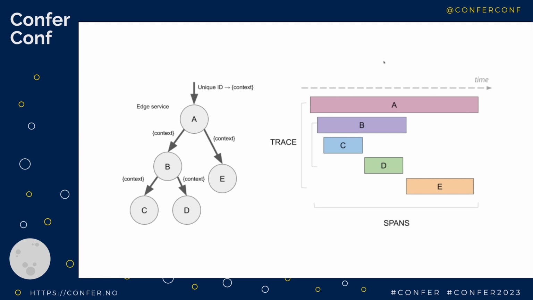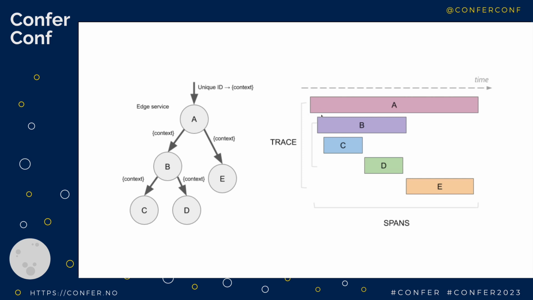Each one of these units is called a span, right? So A is a span, and A is the full request. It started here and finishes here, and it contains some computing.